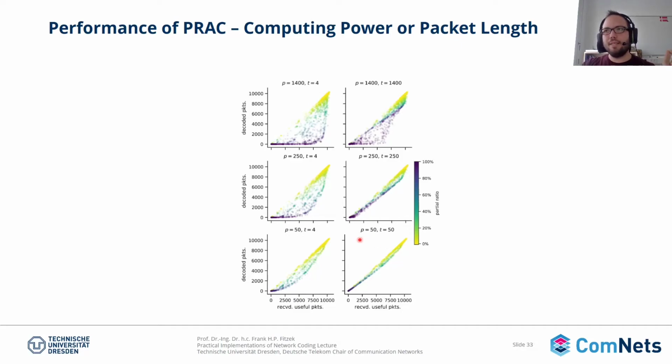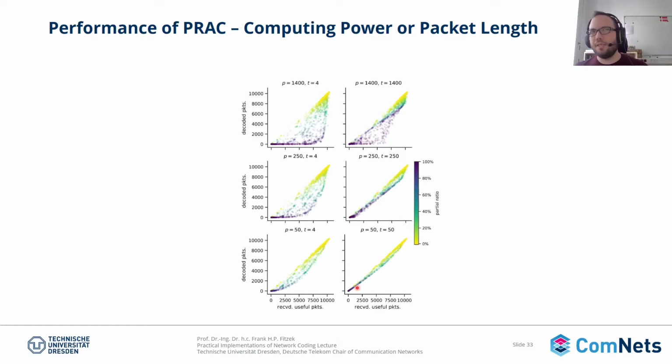So what we see is that we can increase the performance of our communication with the same data traces. All of these dots represent the same data traces. But if you consider shorter packets, you do not have to invest too much compute power to use PRAC and correct the erroneous packets, those partial packets.